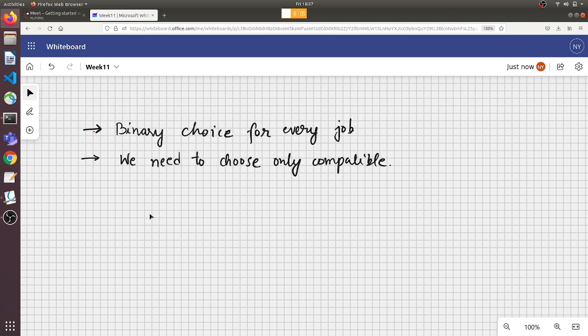So let us say all jobs were compatible with each other. Then how many subsets of compatible jobs would have been possible? 2 to the power n possibilities would have been there, because I'm just saying that all are compatible.